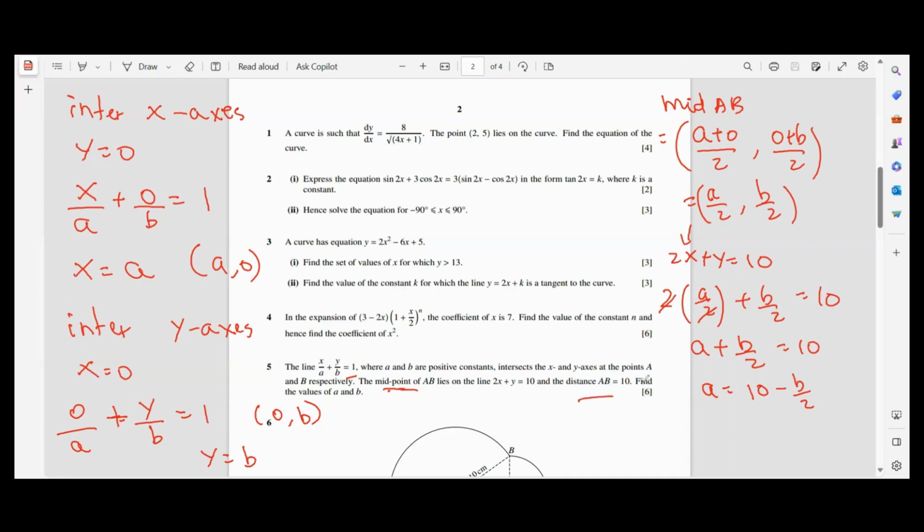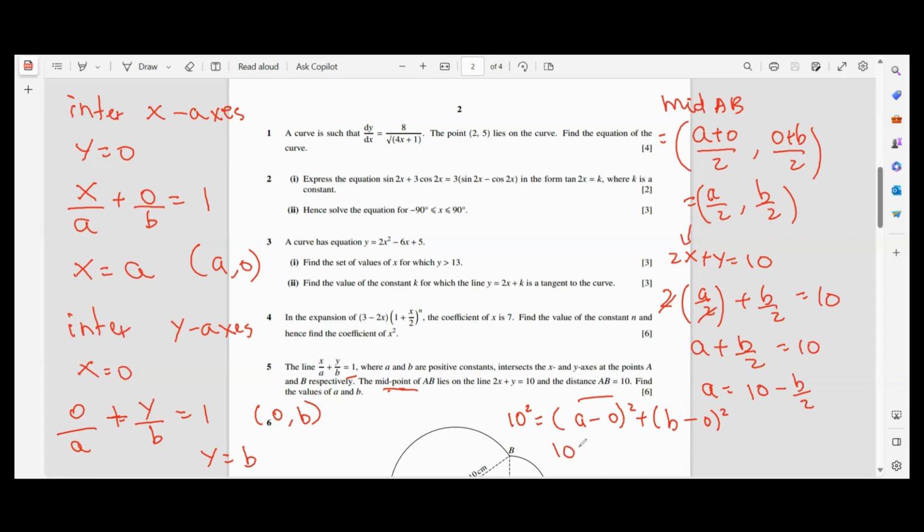Now the distance of AB. Okay, the distance of AB is 10, so 10 squared equals A minus 0 squared plus B minus 0 squared, or 0 minus B squared.